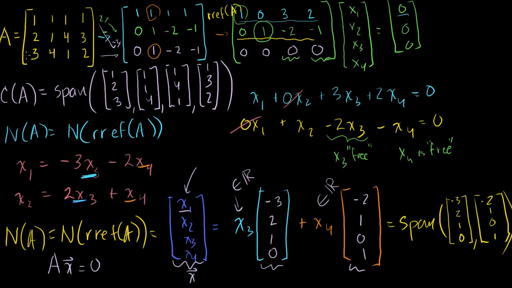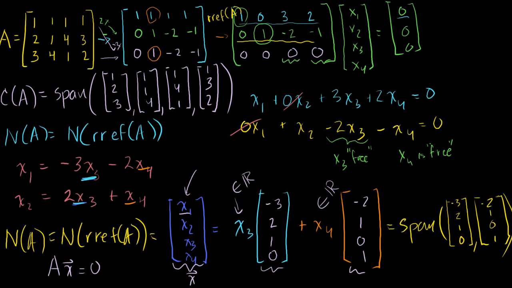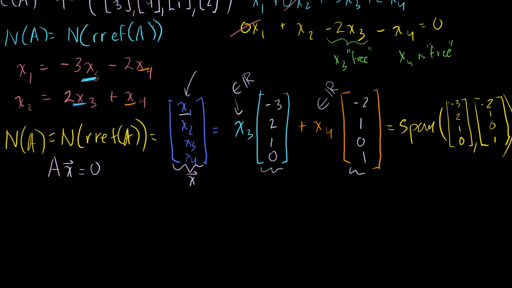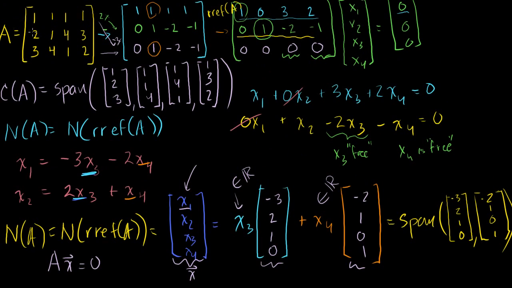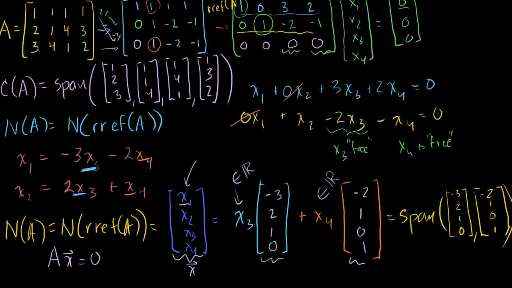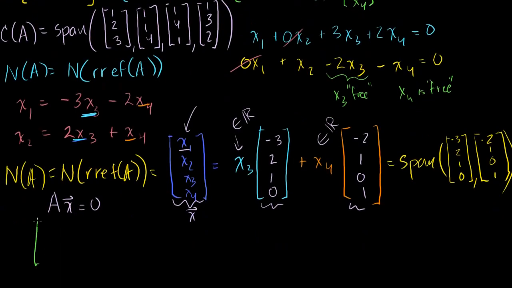Are the columns in A a linearly independent set? Let me write that down. These are the column vectors of A. So what were they? Let's see, 1, 1, 3, 2.